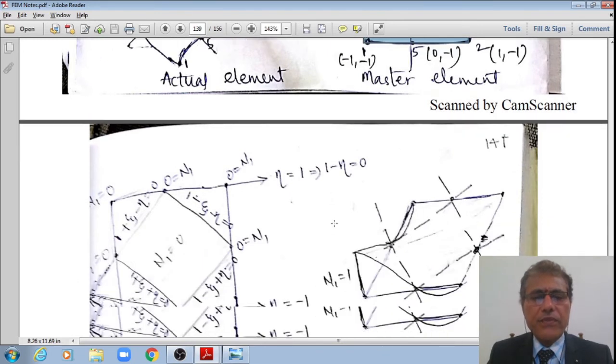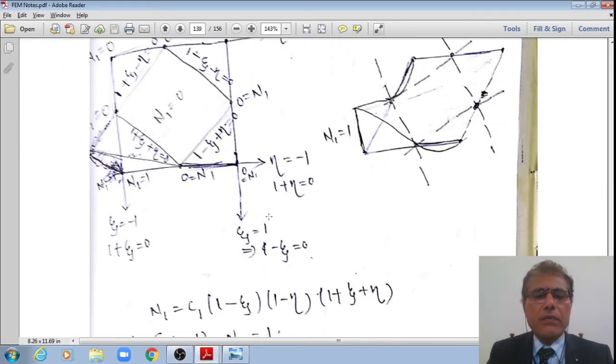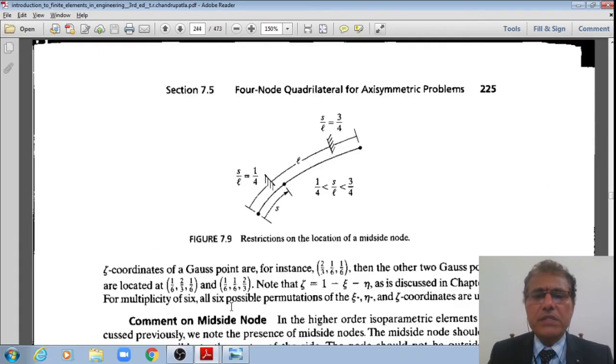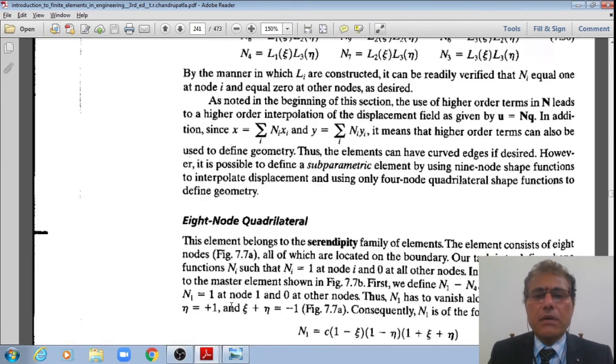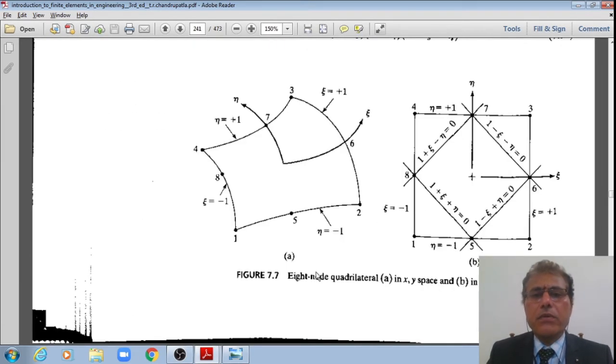Then I want to derive the shape functions, students. That is how the actual edges are curved edges, right? Like this, connecting between 1 and 2, 2 and 3, 3 and 4, 4 and 5.